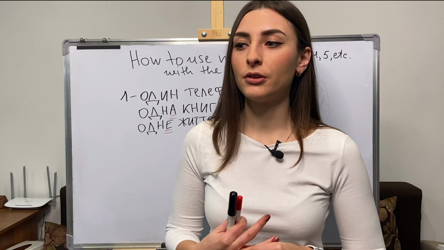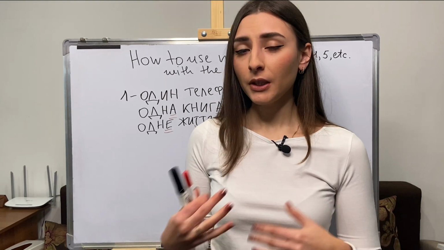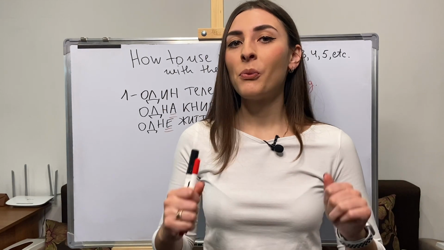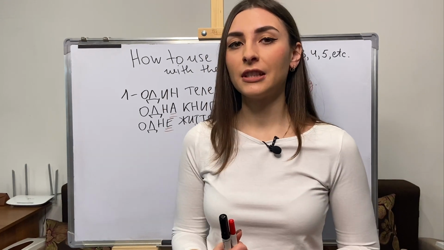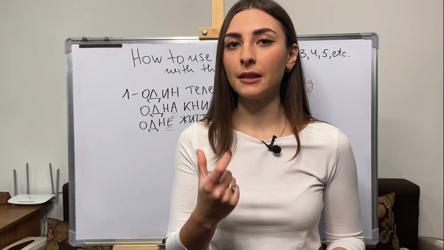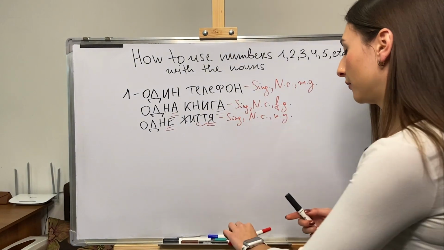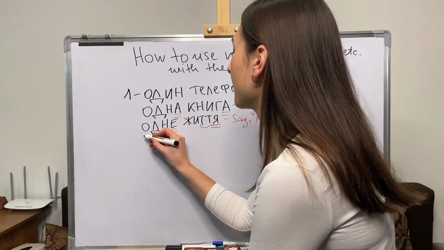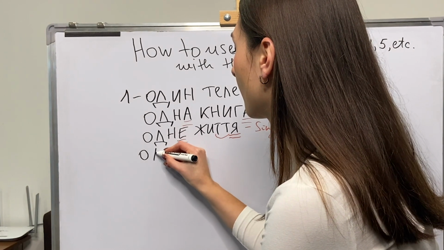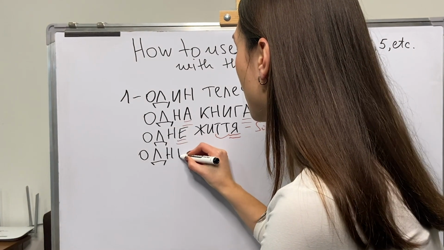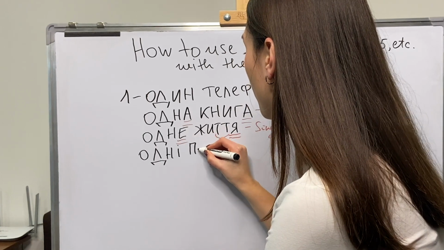So you use it in a way not to repeat the noun two times. But in Ukrainian, we don't use it like this. Actually, we have its plural form, but it has different meanings. So let me explain to you. So for example, we can say like одні проблеми.